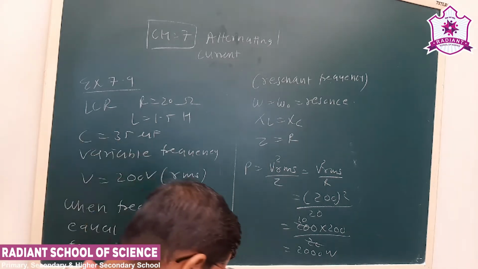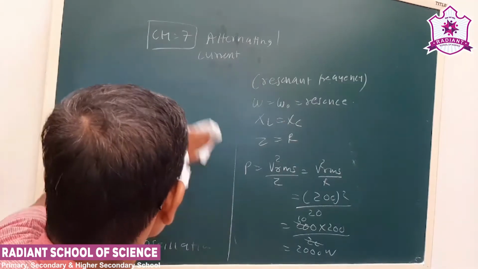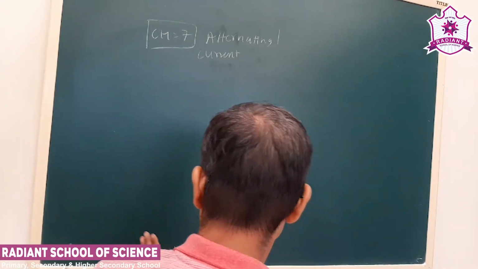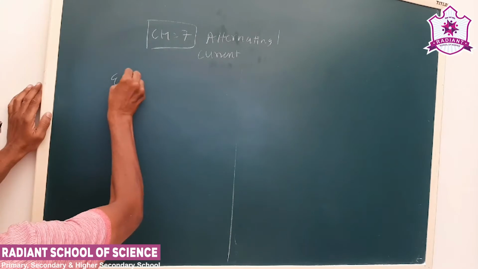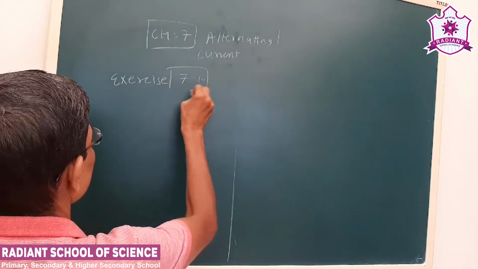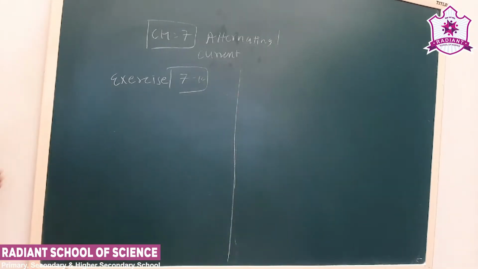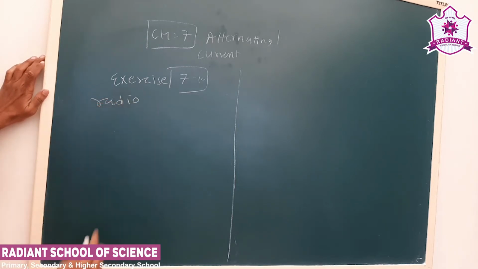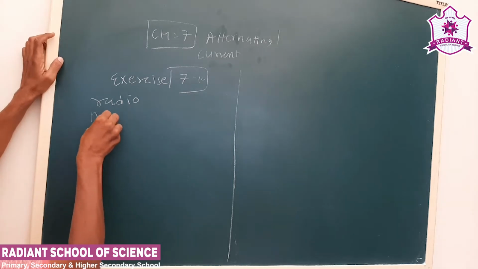Now, next question, that is exercise number 7.10. Now see, this is for radio frequency, the radio frequency of a medium wave.